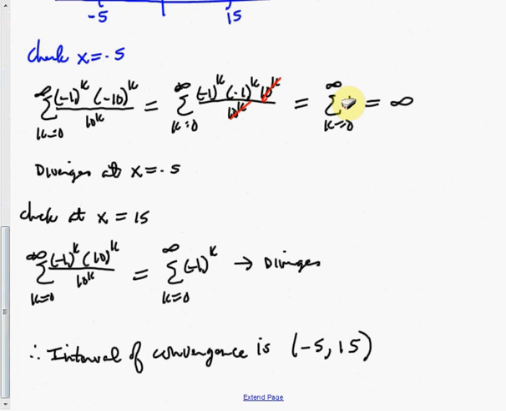Yep. And for the limit, for that second one, as you check as x is equal to 15, here you have the summation of negative 1 to the k. The limit must be monotonic. It either must increase to a bound or it must decrease to a bound. This guy, when you deal with negative 1 to the k, is bouncing up to positive 1, it jumps down to negative 1, and it keeps on going on, oscillating forever and ever.